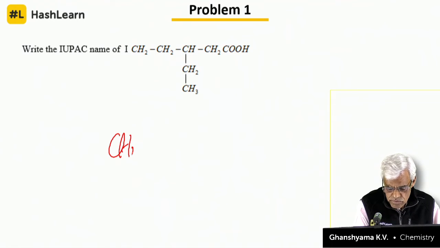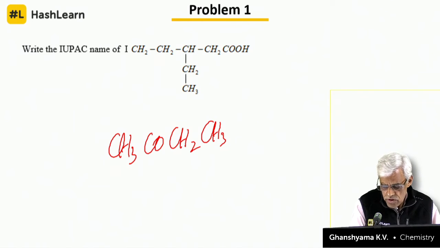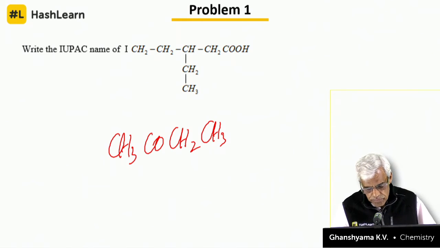CH3COCH2CH3 is butanone. You need not write 2-butanone or butan-2-one.